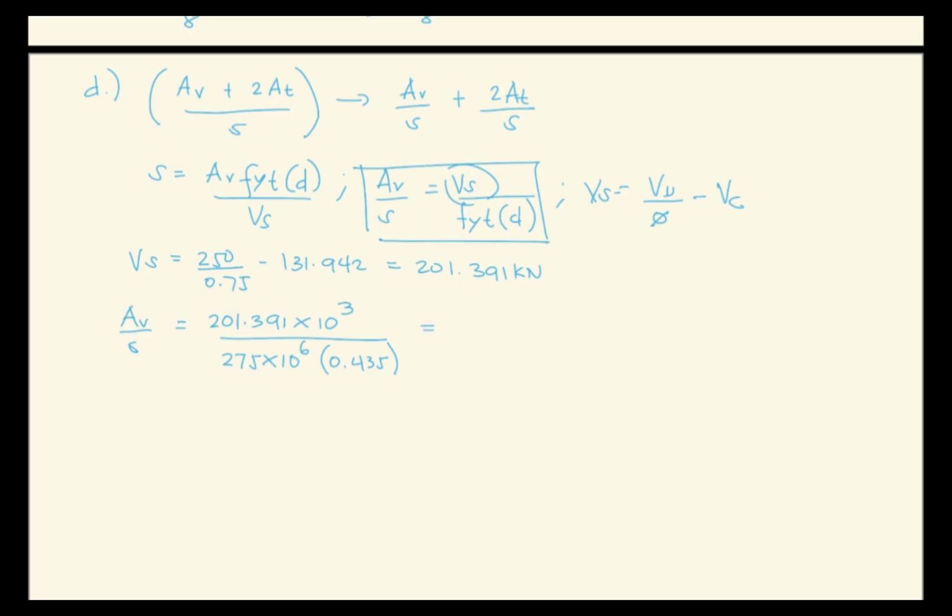Okay, the resulting unit from here is mm squared divided by mm. We'll get a value of 1.6835 mm squared divided by mm.